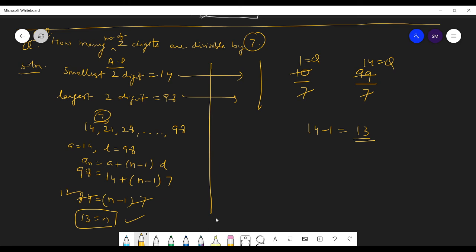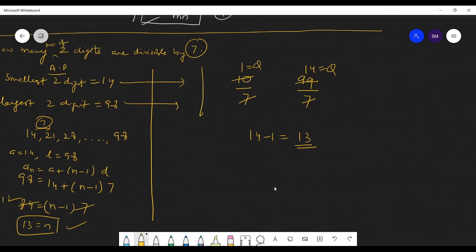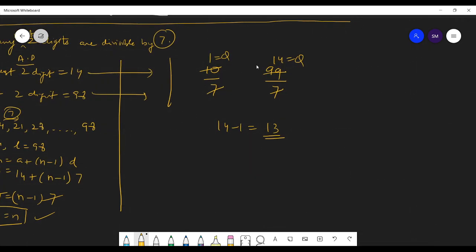So let us do one similar question. So now you have: how many numbers of 5 digits are divisible by 7?